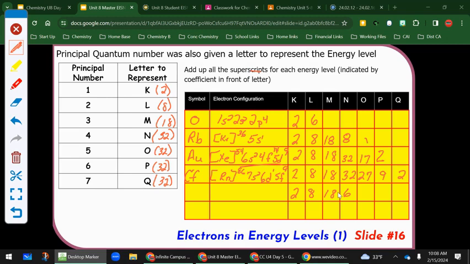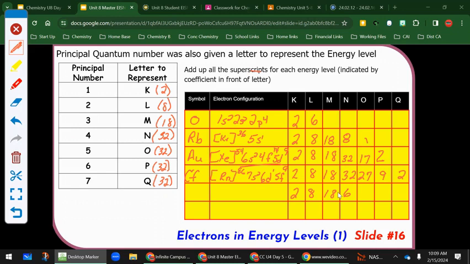And the answer would be singly first, then doubly. So they go into the px, the py, the pz, then they start doubling up. So there are 3 orientations of them.